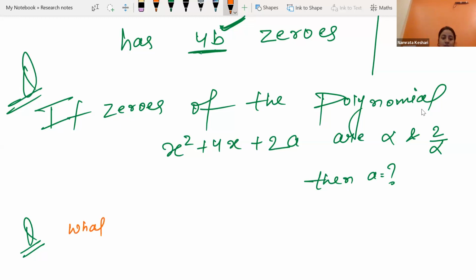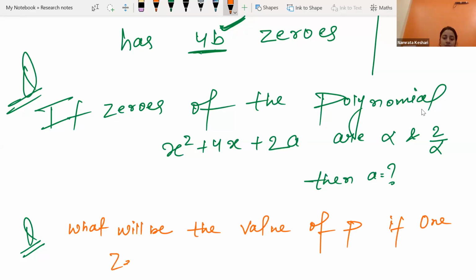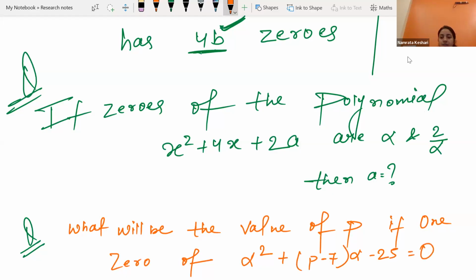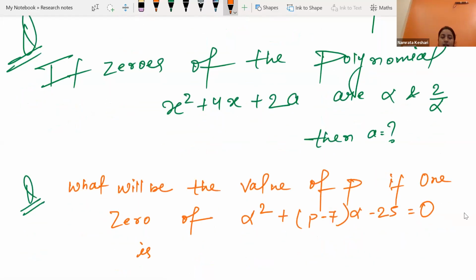What will be the value of P if one zero of alpha square plus P minus 7 alpha minus 25 is equals to 0 is additive inverse of other.